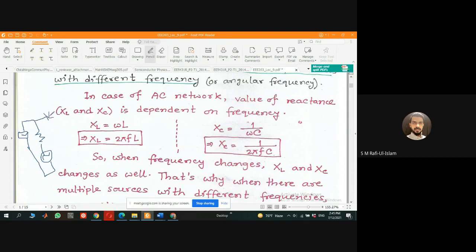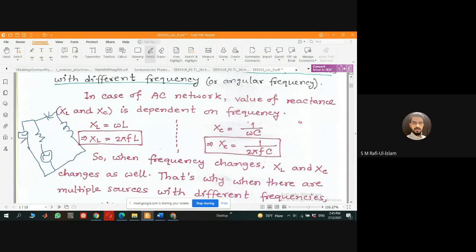So let's say this is an inductor, and there is some capacitor as well, and an inductor as well. Something like this. It's a very simple circuit, but we have two sources.